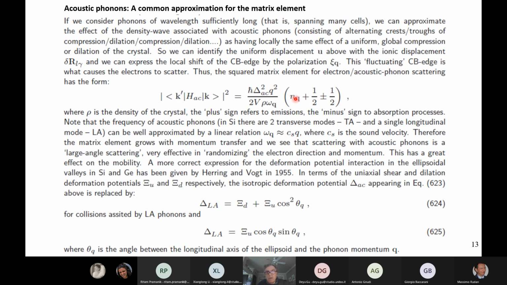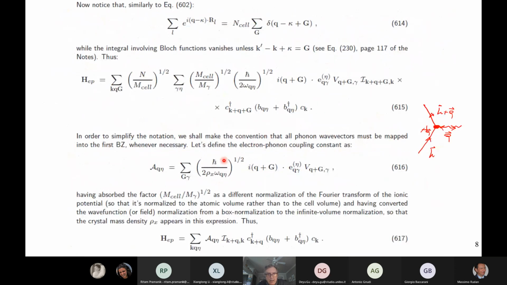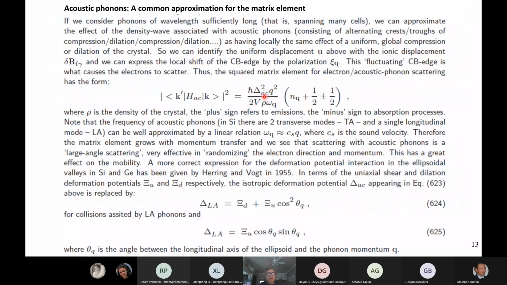This is just proportional to n. And then our matrix element becomes just the amplitude of the phonon displacement, which is the prefactor that we had here. Let me go back, this factor essentially. And we're expressing the deformation potential as our empirical parameter delta Q, which is this, and this is already the square of this expression.